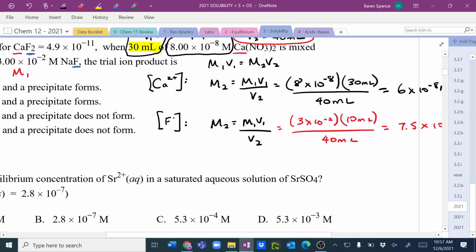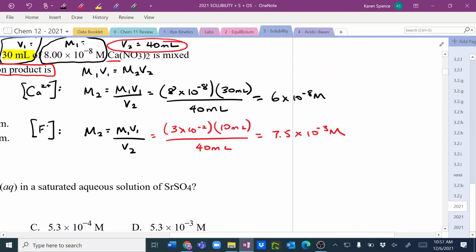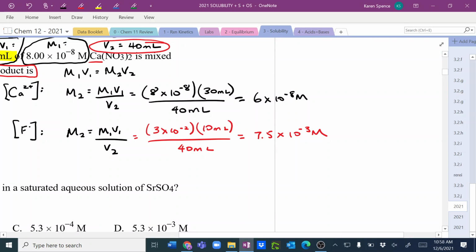Now, we want to know if a precipitate forms. So we are calculating the trial ion product. And of course, for calcium fluoride, we have calcium 2 plus and fluoride negative. Oops, we've got 2 of those, don't we?